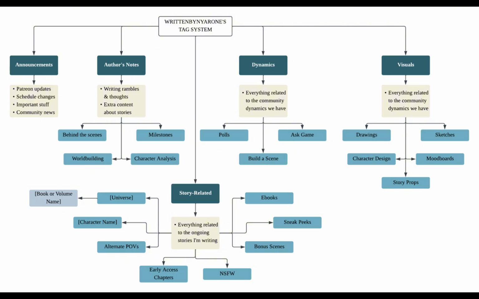And this includes tags for individual series, universes, characters, alternate POVs, bonus scenes, ebooks, basically everything that helps readers navigate the actual stories. And of course, the warning for the not suitable for work content.